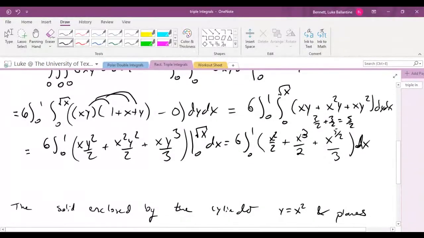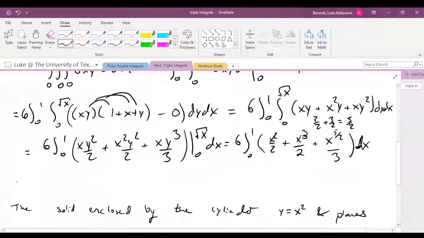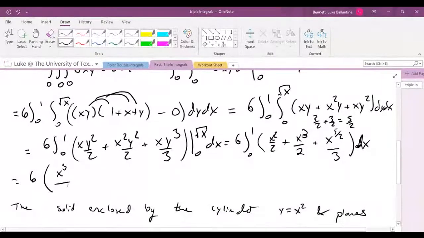All right, now I just need to integrate this integral of one variable. So we have 6, and integrating x squared, that's x cubed, divided by 2 times 3, which is 6. We put x to the 4th over 8, because 4 times 2 is 8.